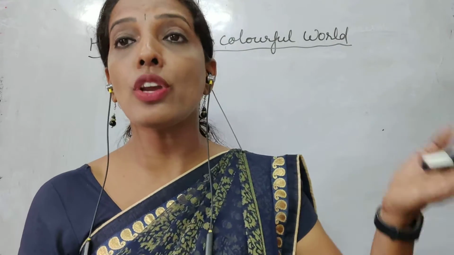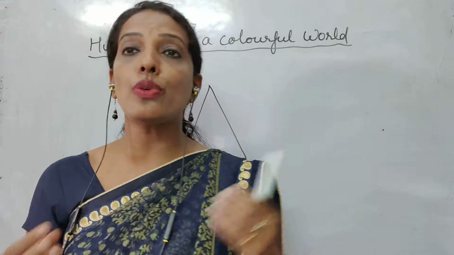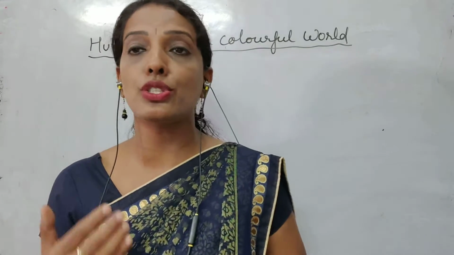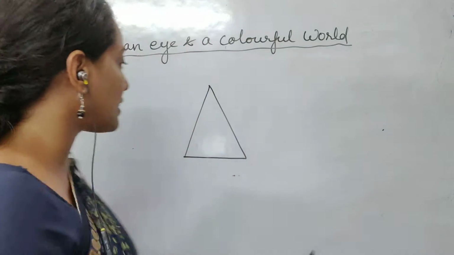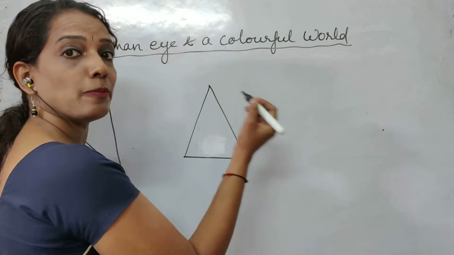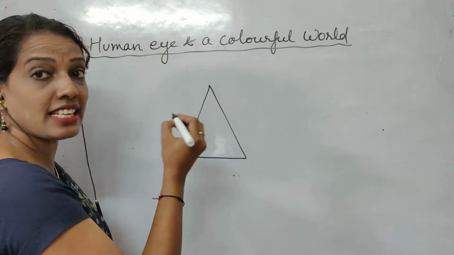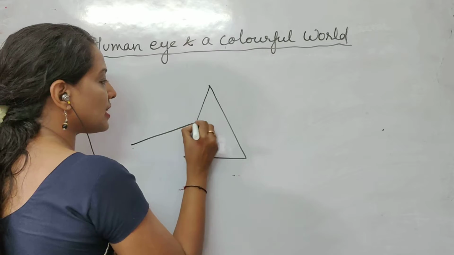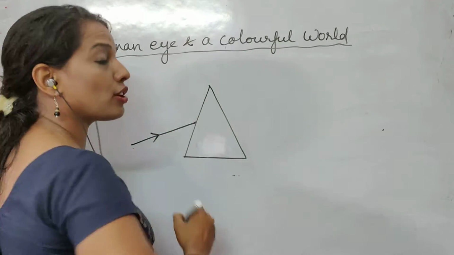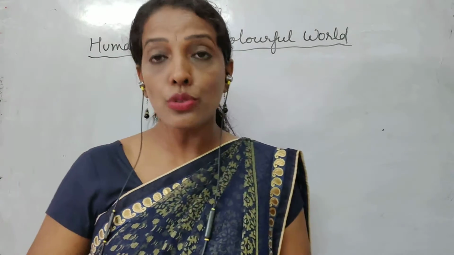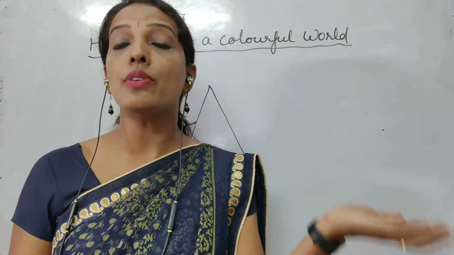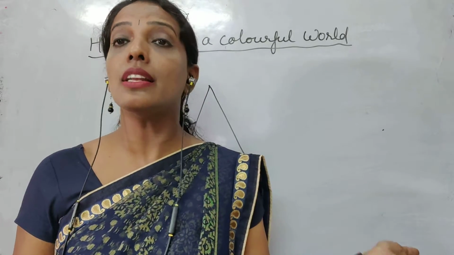Before moving on to that activity, I want to explain some of the terminology used in this chapter. The first one is the incident ray. The incident ray and refracted ray you know very well, because we discussed them in the last chapter.